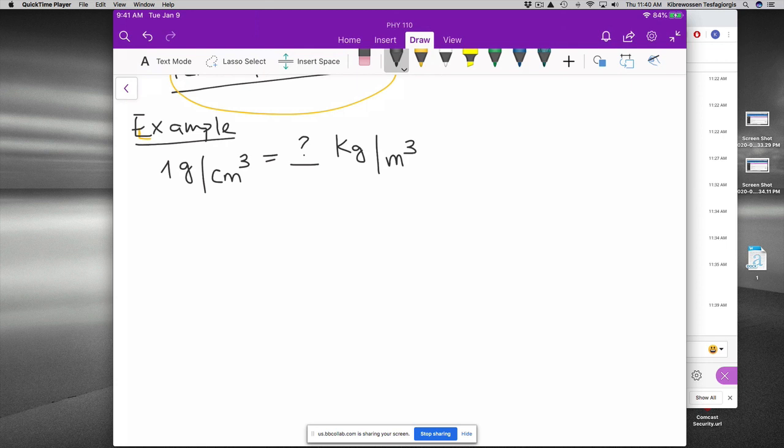Very good. Okay. So now let's proceed. So you have 1 gram per centimeter cube. Per centimeter cube means over 1 centimeter cube. That's what it means. Okay. So now our idea is to replace the gram by a kilogram, as we always do.